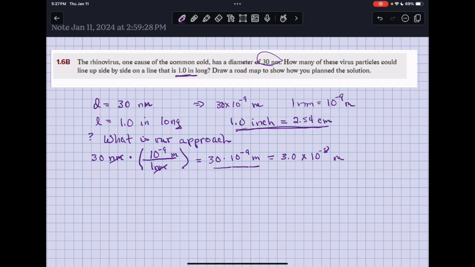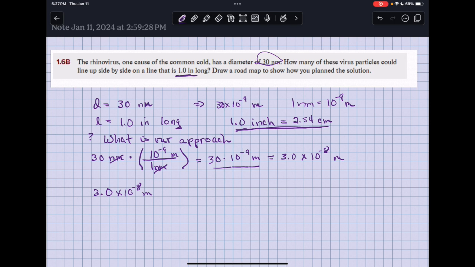Both of those would work. So I've got that. So let's move down to our next step here, where I'm going to convert my meters to centimeters. All right. And so 3.0 times 10 to the minus 8 meters.